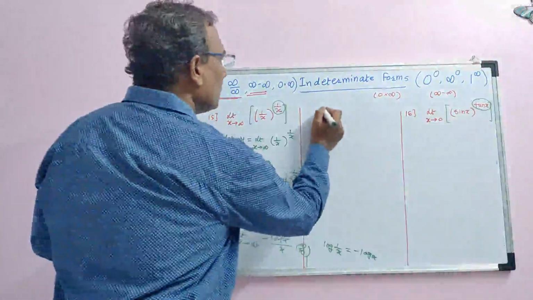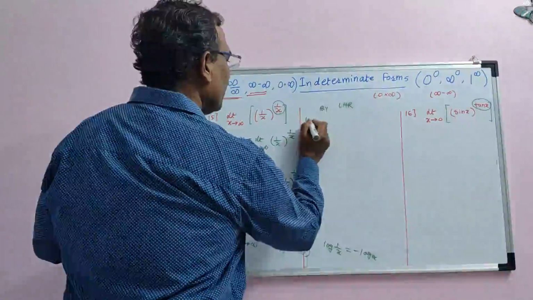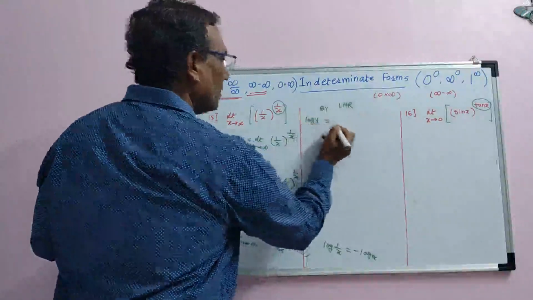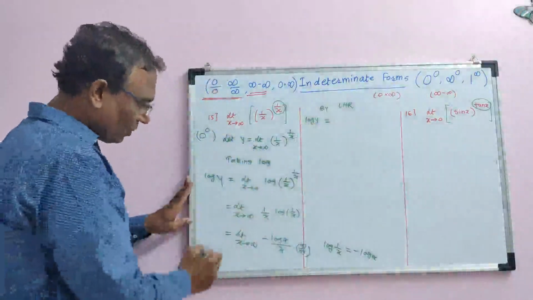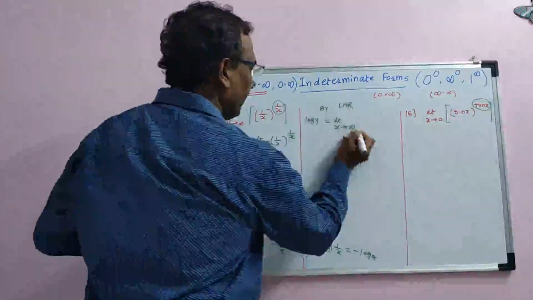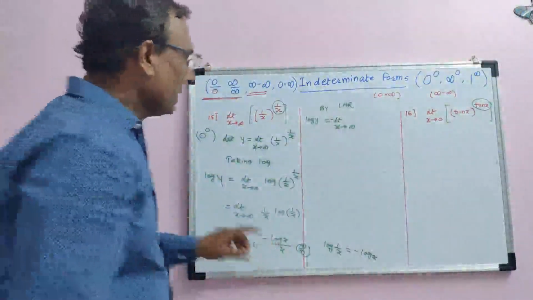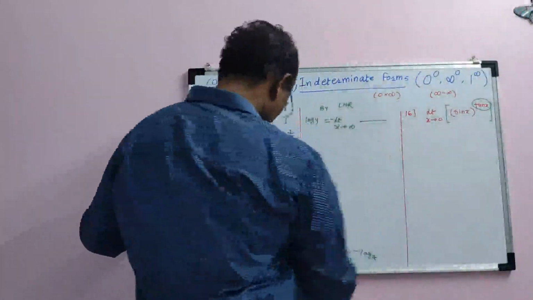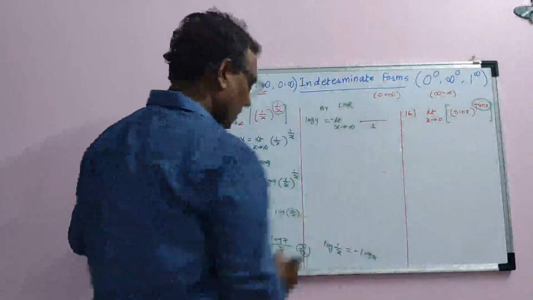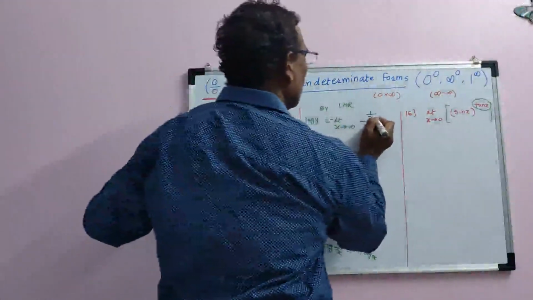Now by L'Hospital rule, take derivative of numerator and denominator separately. Don't forget that we are solving log y. Limit x tends to infinity, the minus sign I am taking outside of the limit. Derivative of log x is 1 by x, and derivative of x is 1.